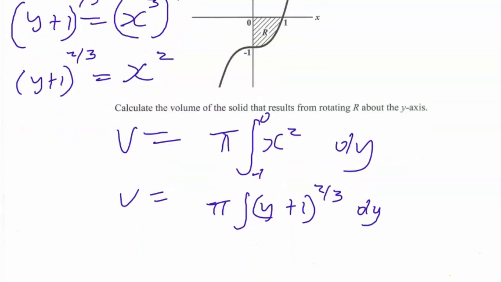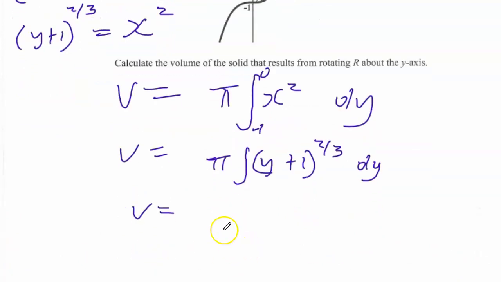So again, we can use the formula, add 1 to the power. So with pi, alright, add 1 to the power of y plus 1, we get 1 and 2/3. That's 1 and 2/3, that's 5/3.